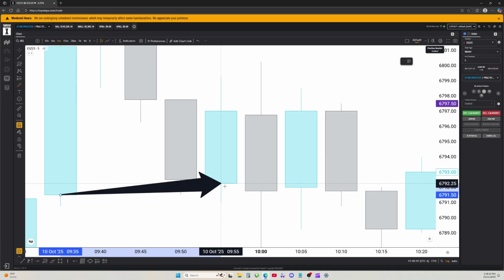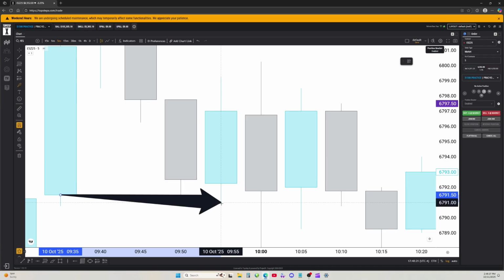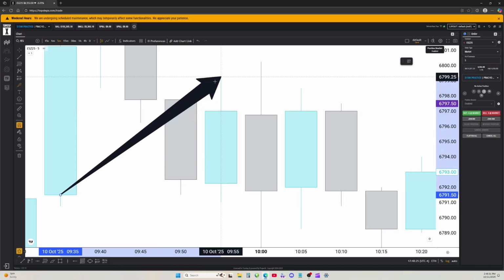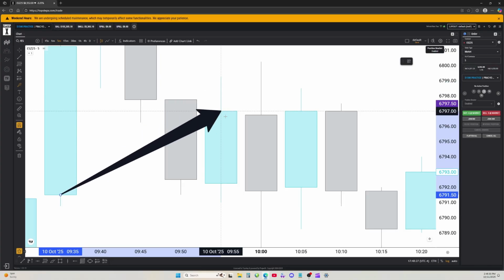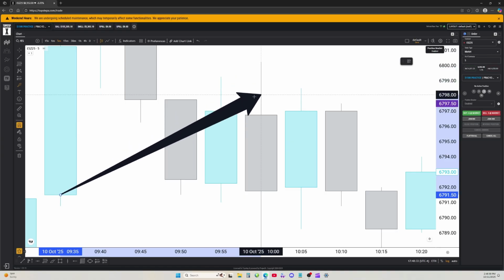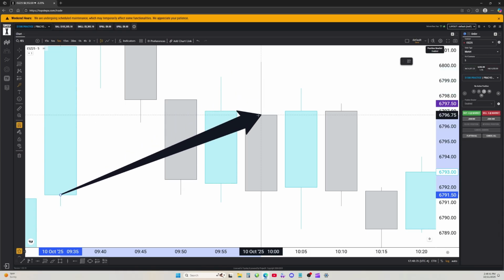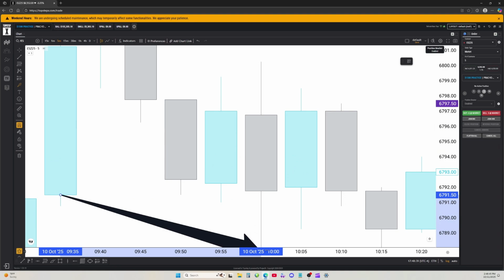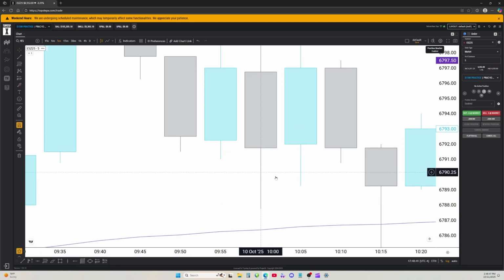Bullish candle, opens here, probably came down a little, pulled back, went all the way up there, pulled back, closed here. All right, what does this do? Opened here, probably went up, pulled back past the open, came back down, pulled all the way down there, came back, closed here.